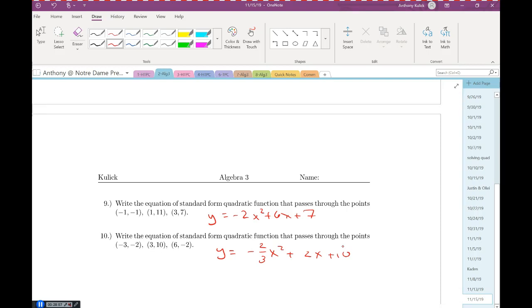Make sure that you guys have tried doing one of these solving or finding the standard form equation for a quadratic problems. So here on 9 and 10, I skipped writing out the system and just wrote down the answer so that you can try doing them yourself and be able to check them.